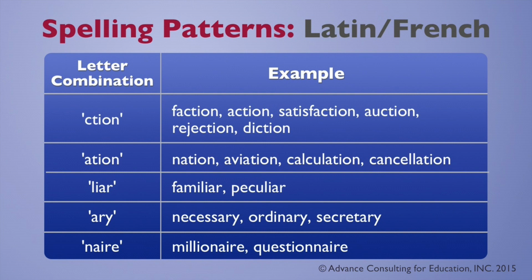The LIAR combination, familiar, peculiar, also comes from the Latin French, and as does ARY, so necessary, ordinary, secretary, and finally the NAIRE combination, as in millionaire and questionnaire, also comes from Latin French. This is just a very small number, but there are many, many, many that come from Latin French.